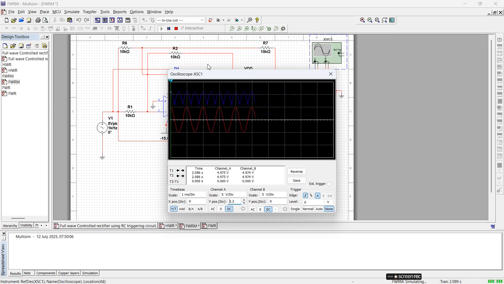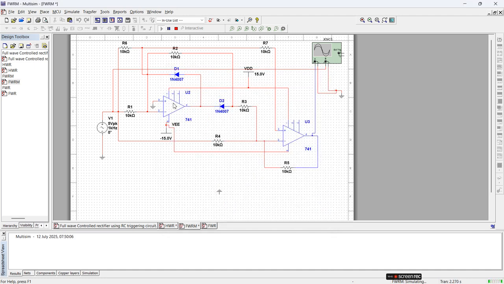The first stage is the half-wave precision rectifier, and its output is connected to the second inverting op-amp circuit.